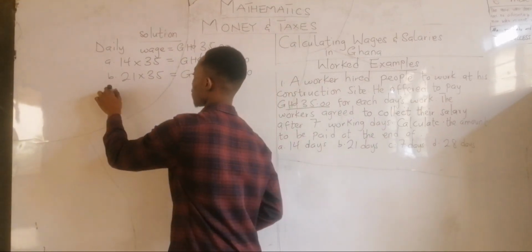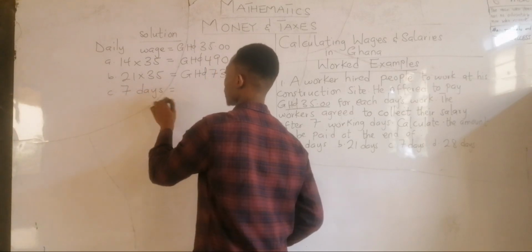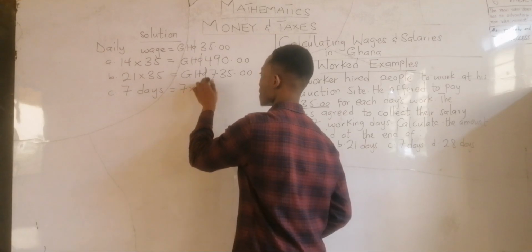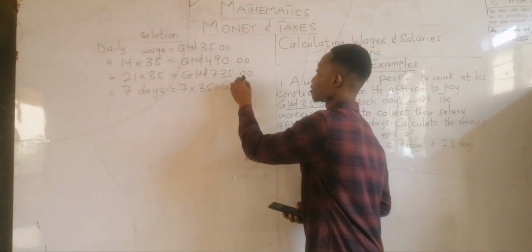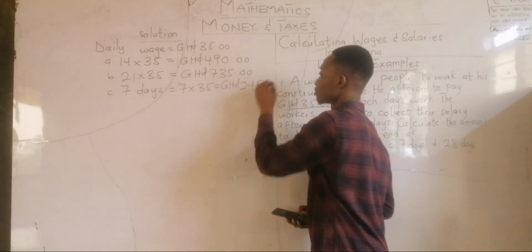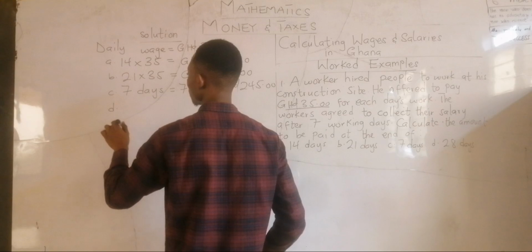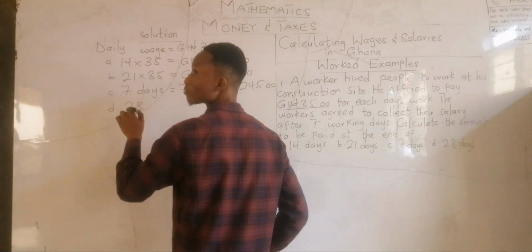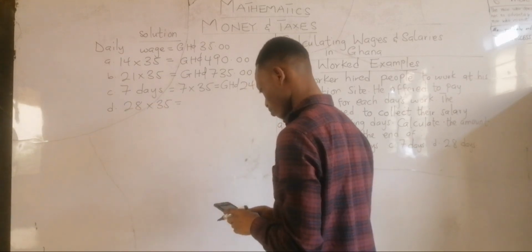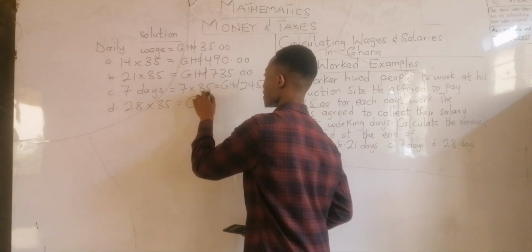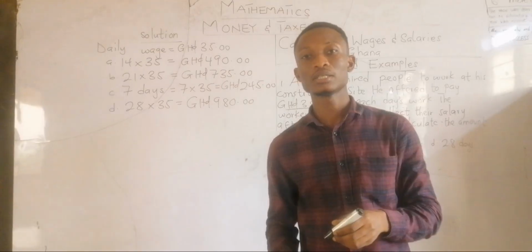If the worker is working for 7 days, then that worker is taking 245 Ghana cedis. And if the worker is working for 28 days, then that worker is taking 980 Ghana cedis.